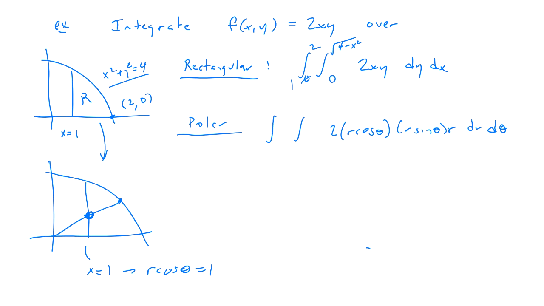Well, basically what I do is solve for r. So I get 1 over cosine theta, or secant. And then the upper limit is just regular circle, so that's easy. That's just 2.